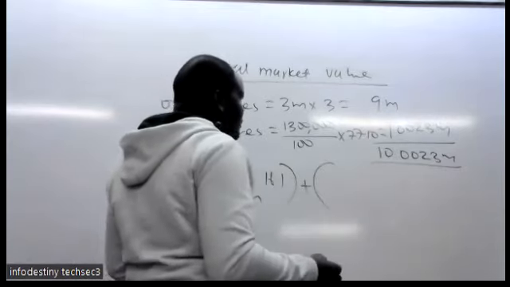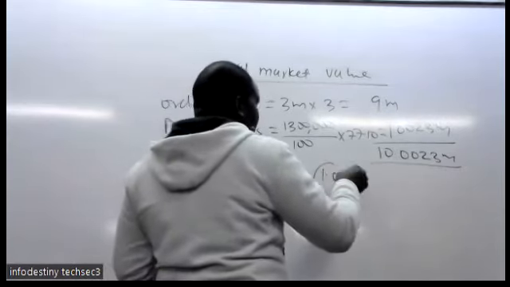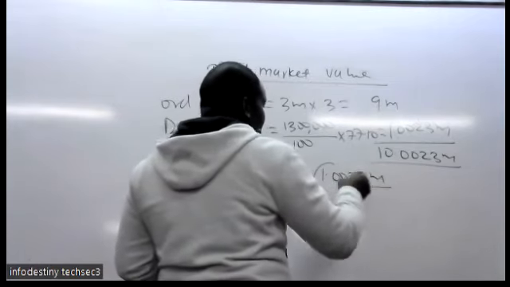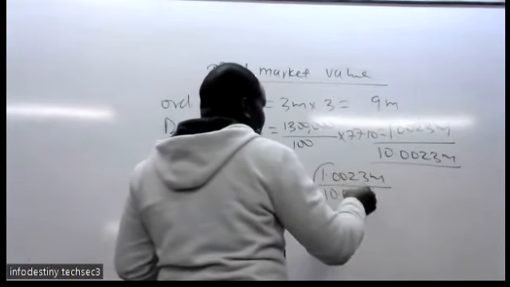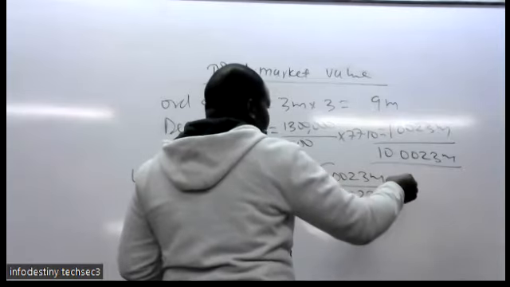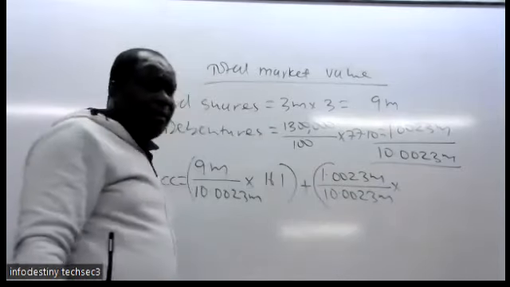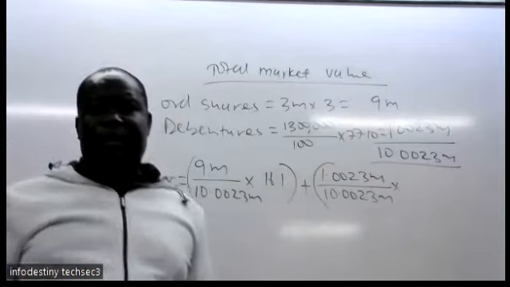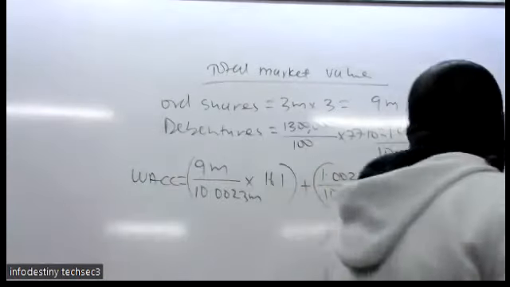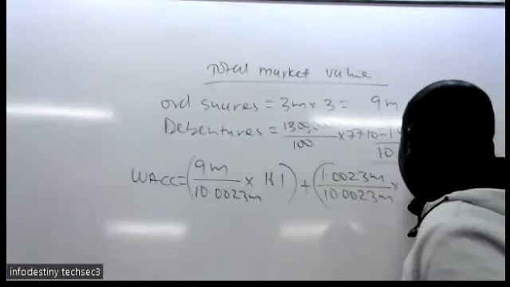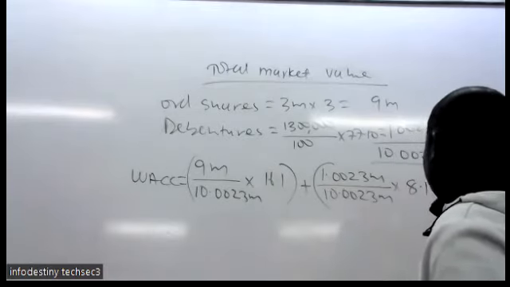Then 1.0023 also divided by 10.0023, you multiply by the cost of the debenture, which is meant to be 8.12.